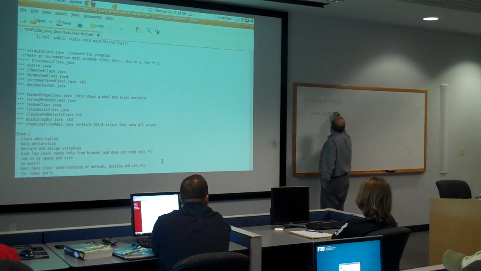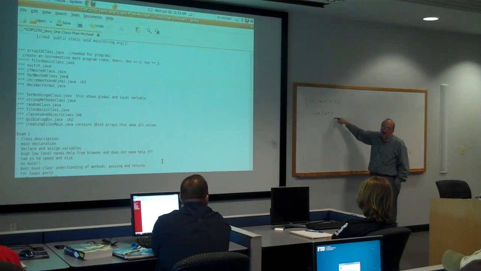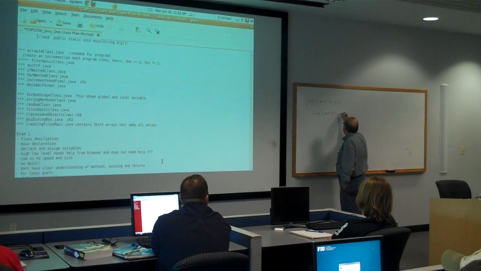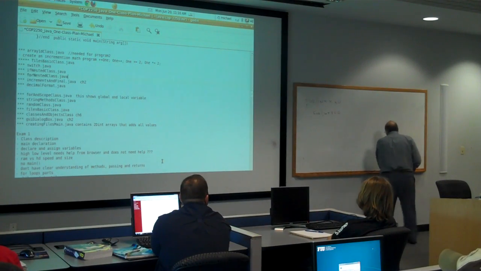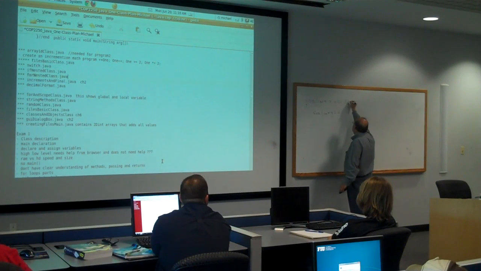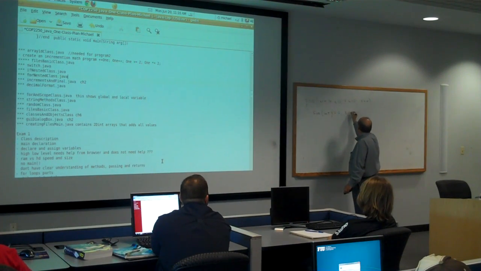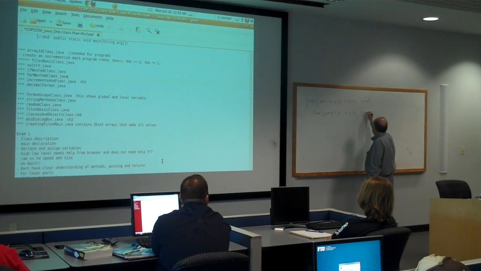Let's make this guy a y value. They cannot be the same. They have to be different. So let's assume that we're saying x is less than 10, and then x plus plus, right? And then over here, x is less than 5, y plus plus.